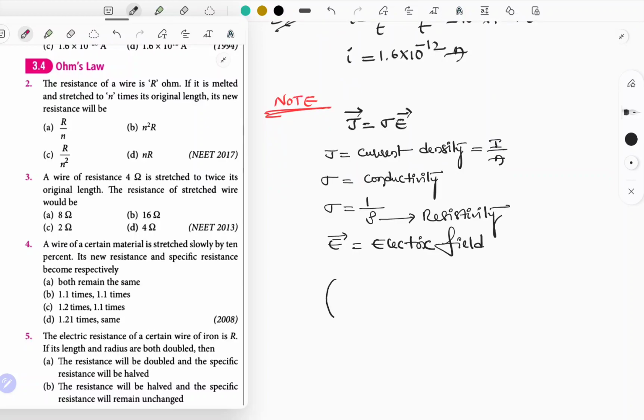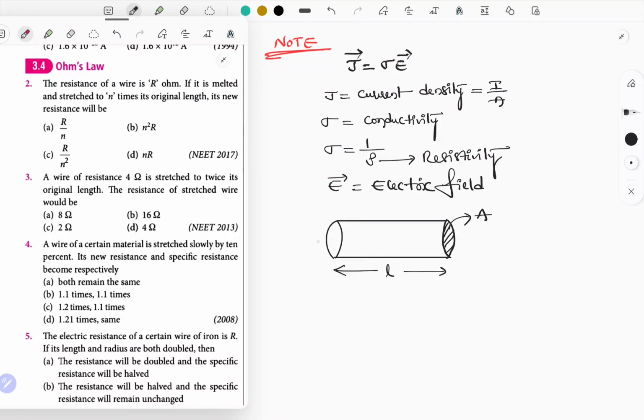Let me consider one conductor of length L and area of cross section A. I am going to apply some potential to this so that charges will be displaced.